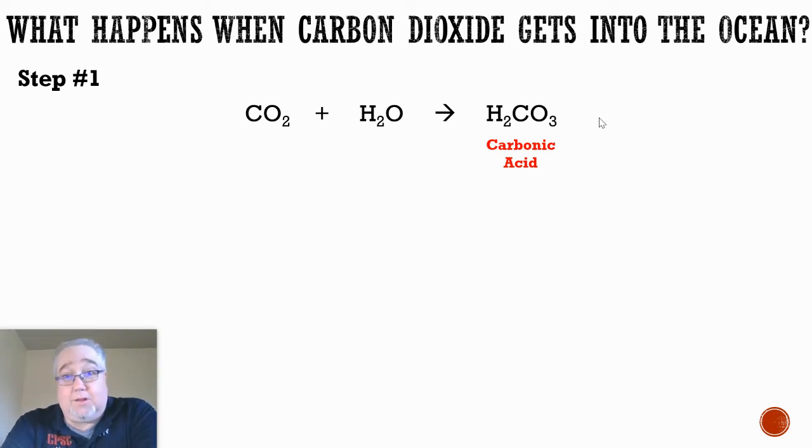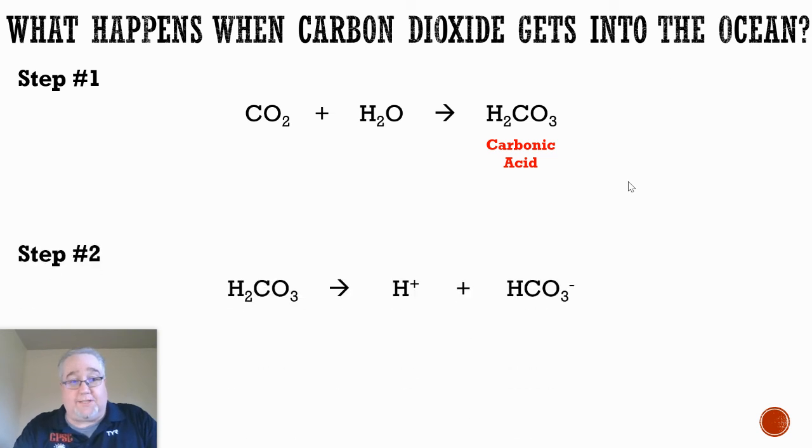Now, just that alone, think about that. If CO2 gets into water and it's producing an acid, you would expect the pH of water to decrease, and that's exactly what it does. But to be a little bit more specific, what happens to this carbonic acid? Whenever it's in water, acids like this one dissociate, they break apart. In this case, it turns into what we call a hydrogen ion and what we call a bicarbonate ion.